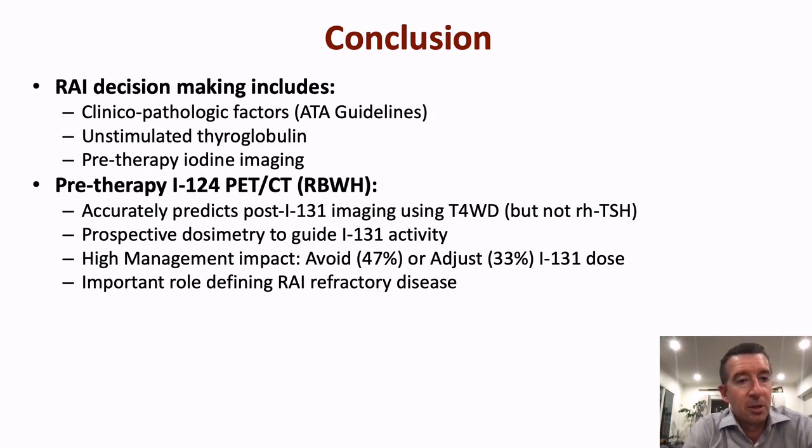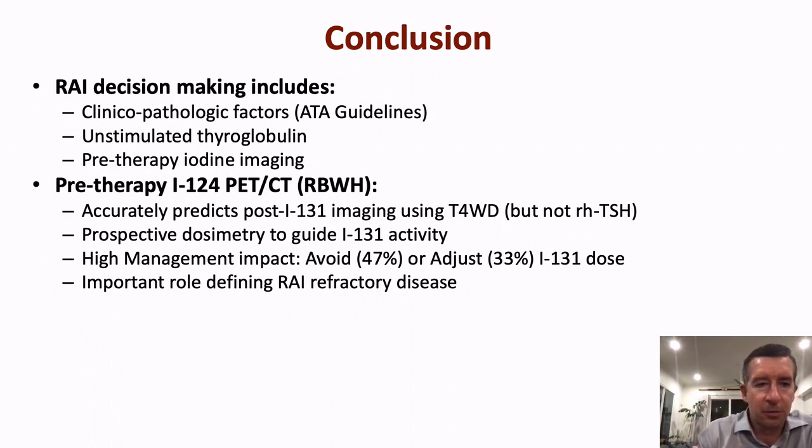I've shown that it accurately predicts your post-I131 therapy imaging when using thyroxine withdrawal, but importantly, the converse isn't the case when using thyrogen. It provides prospective dosimetry to guide I131 activity, and from our study has shown high management impact, particularly in avoiding futile treatment.